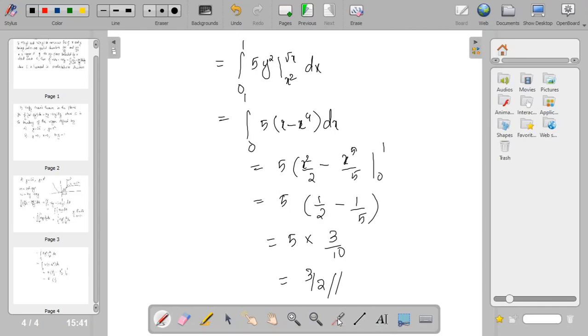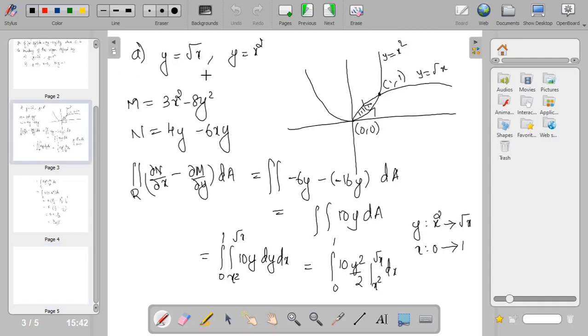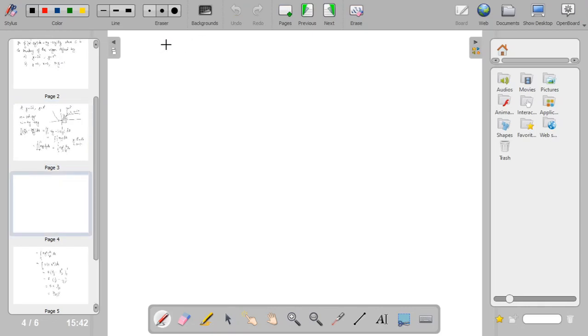And now we will evaluate integral over C of M dx plus N dy. Now if you look at, C is a union of C1 and C2. So C1 is y equal to x square.